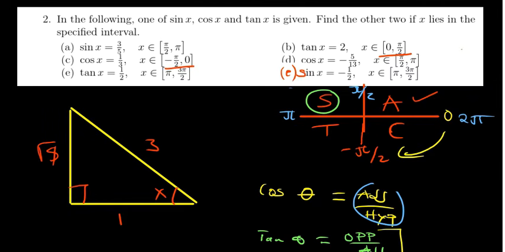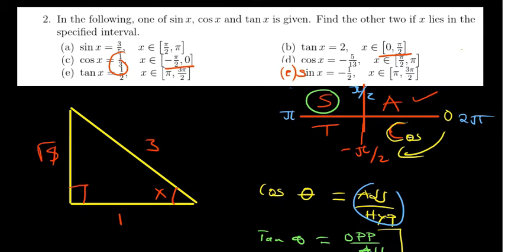So in this quadrant, only cosine is positive. The rest are negatives. So as we're given cosine, actually is positive, so the others will be negative. Now what do we have? 1 over 3, so the same ones actually.